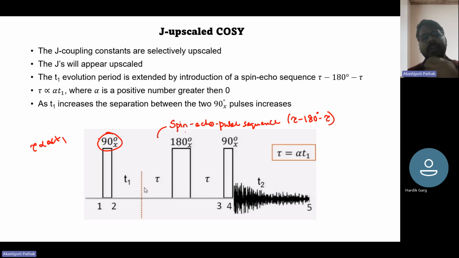So whenever you introduce a spin-echo pulse sequence, what will happen? This pulse sequence will refocus the chemical shifts. So in the T1 time period only, the chemical shift evolution will take place, right?